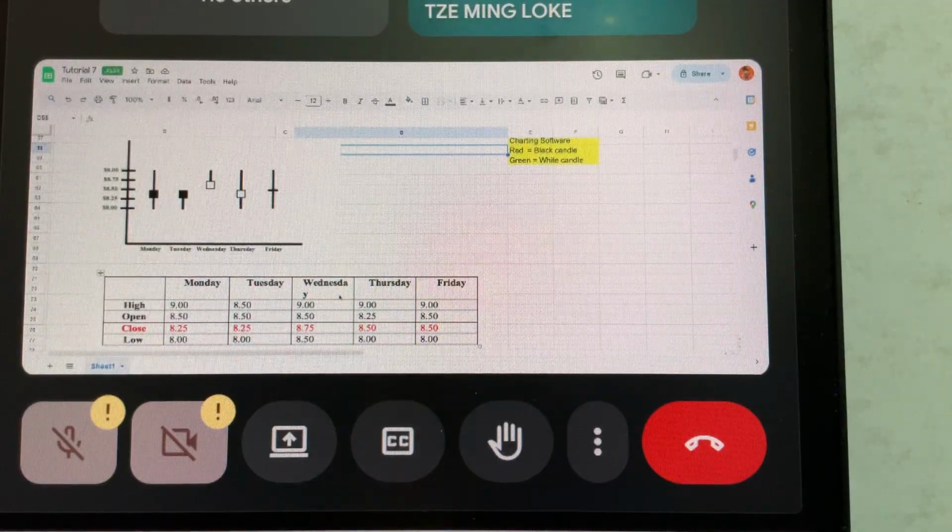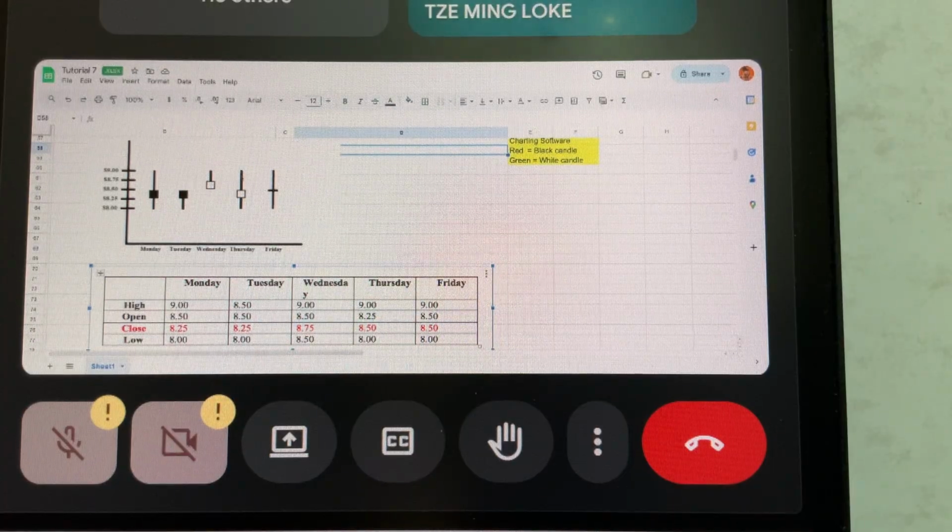So it's stated here. For Wednesday, the highest is 9, and the lowest was the opening, 850. Closing at 875, because it's a white candle, so the close will be at the top part of the candle body.